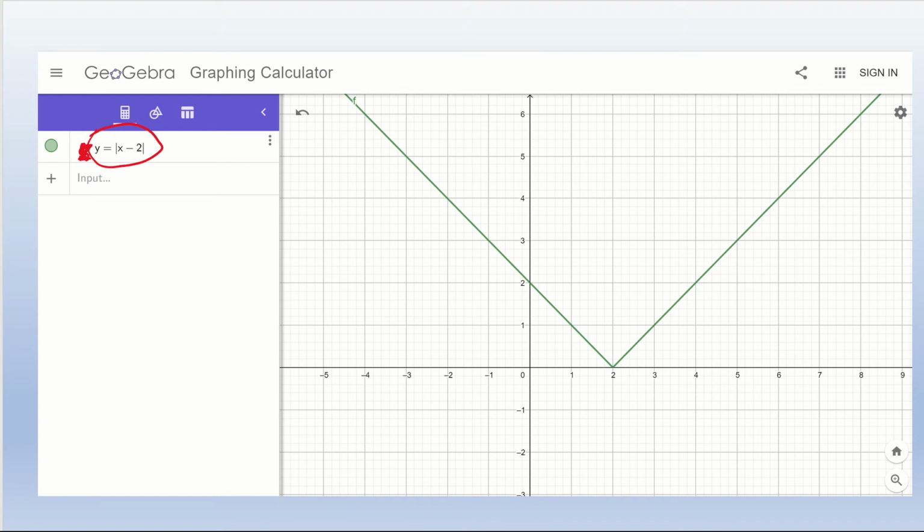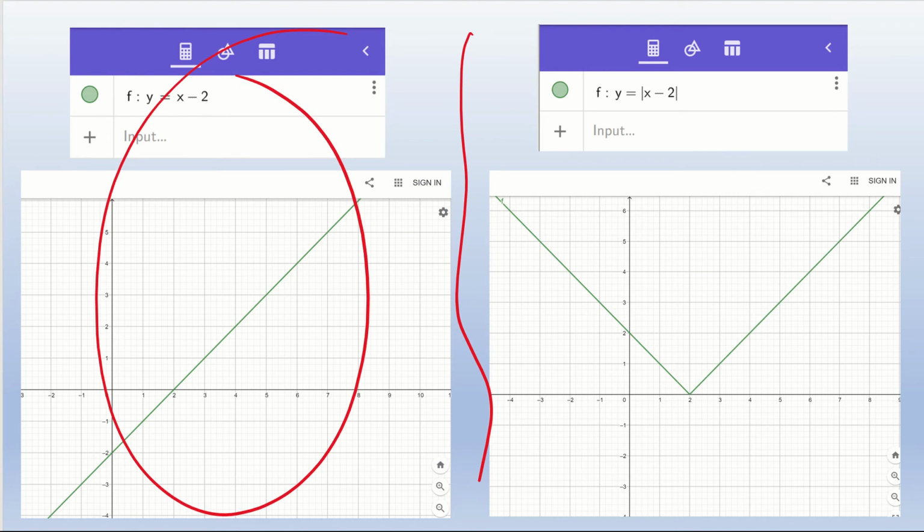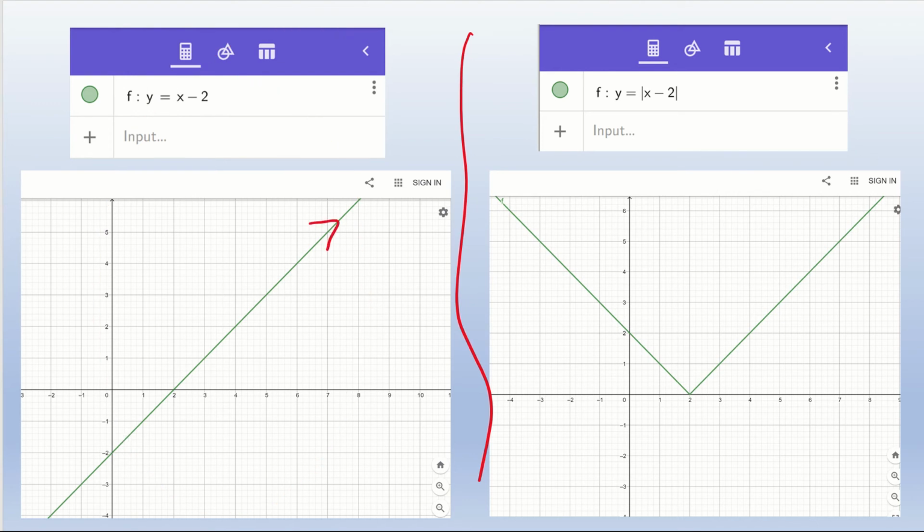And you'll notice in the same way as my other graph, I'll actually put those side by side so you can see them better. For my original graph, just over here, let me get rid of that. Your graph goes all the way up to the top right and all the way down to your bottom left. So it goes into your negative numbers on your y-axis.